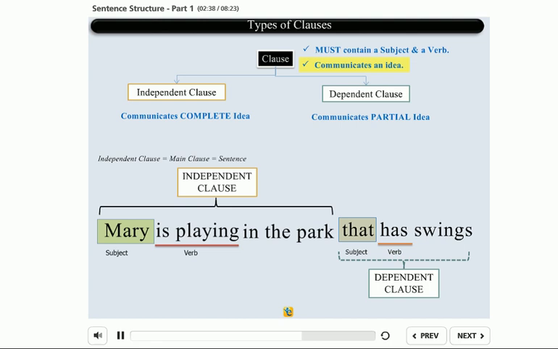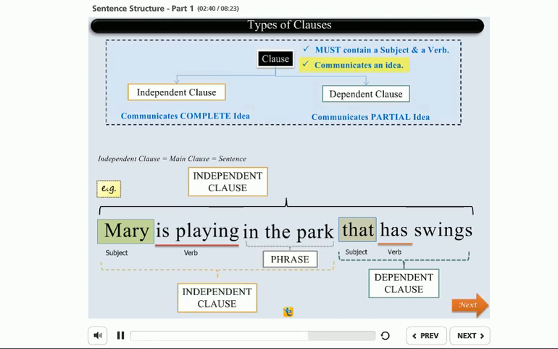Thus, this clause is a dependent clause. Now, when this dependent clause is added onto the independent clause Mary is playing in the park, we get yet another independent clause or a sentence. Before moving to the next slide, review once again the differences between independent clause and dependent clause, and notice the different parts of this sentence.